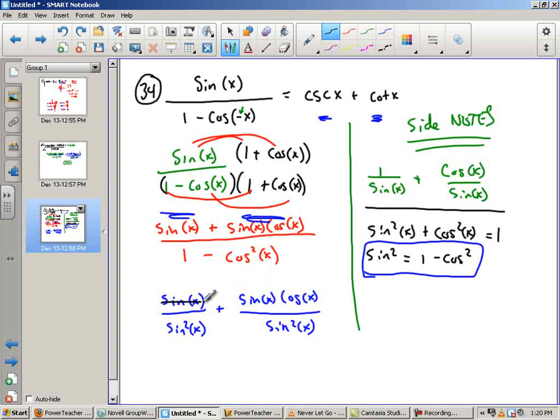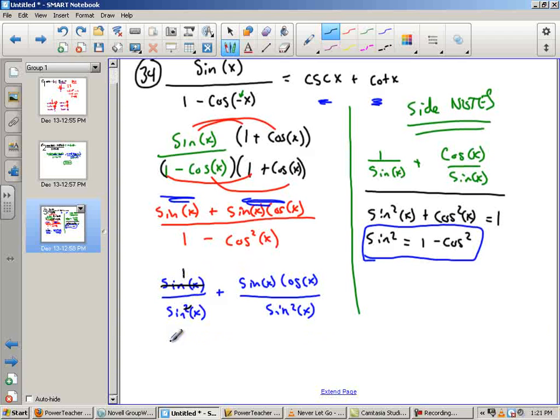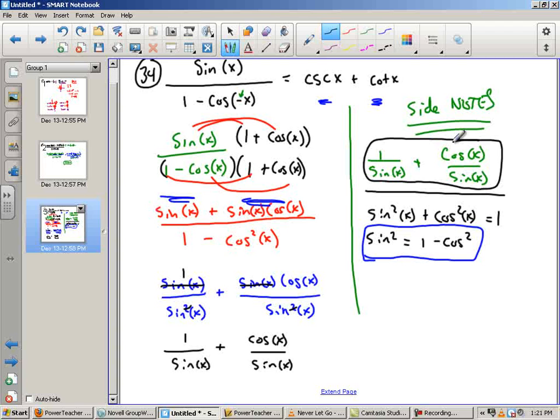Here I notice that the sine on top would cancel with one of the sines below, leaving me with 1 over sine of x plus, over here the same canceling would happen, leaving me with cosine of x over the sine of x. Now, part of the reason that I did this work on the side notes is so I'd recognize when I have my answer. Right here, this looks the same, doesn't it?